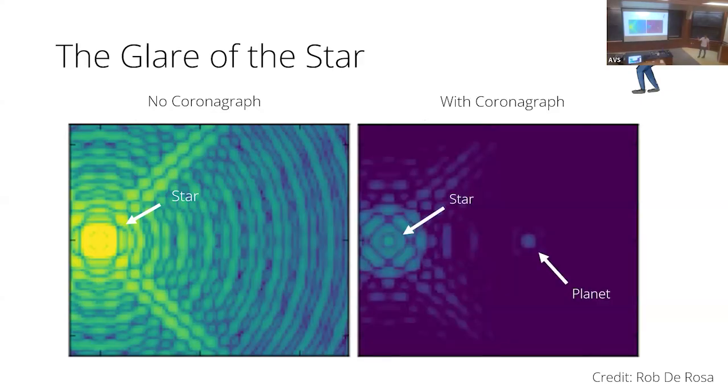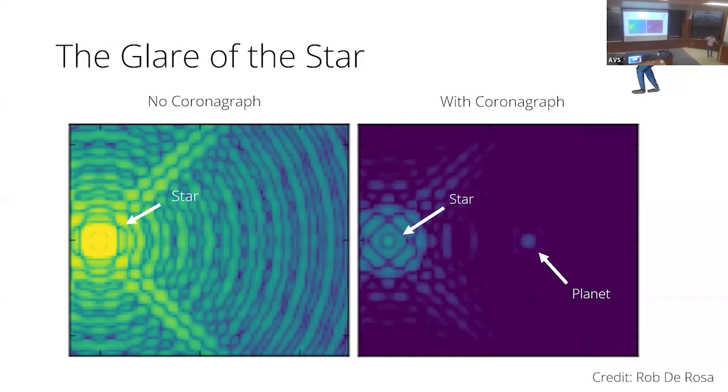A coronagraph suppresses the diffraction and enables us to see faint planets that would have otherwise been hiding underneath the glare of the star. So this combination of both adaptive optics and some sort of starlight suppression like a coronagraph is used for us to see these very faint exoplanets right up close to the bright star that they orbit.